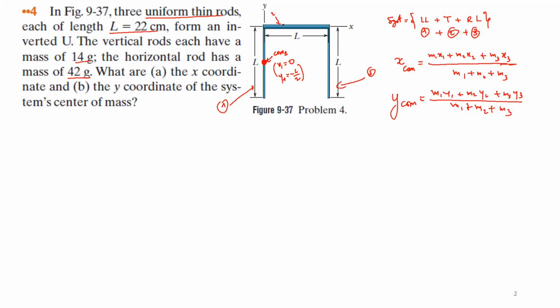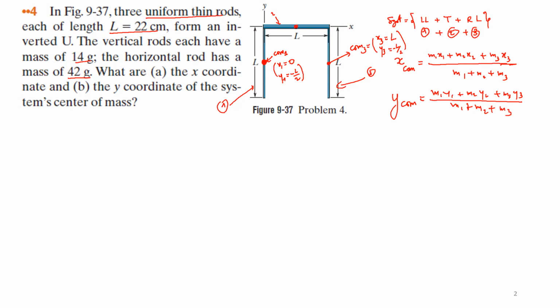The center of mass of the right leg, I call it 3. It has 2 components, x3 and y3. x3 is, of course, L, and y3 is equal to minus L divided by 2. Do you agree with me? Okay.